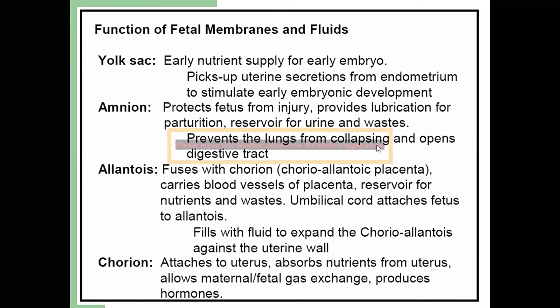It provides for the movement of the fetus. The allantois fuses with the chorion, carries the blood vessels of the placenta, and it is filled with fluid. The chorion attaches to the uterus, as I've said, and it forms the maternal portion of the placenta.